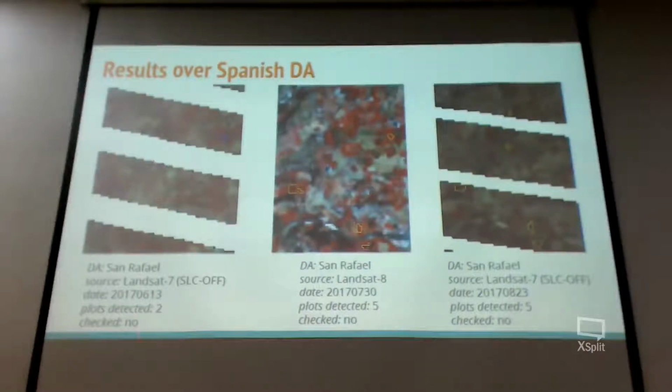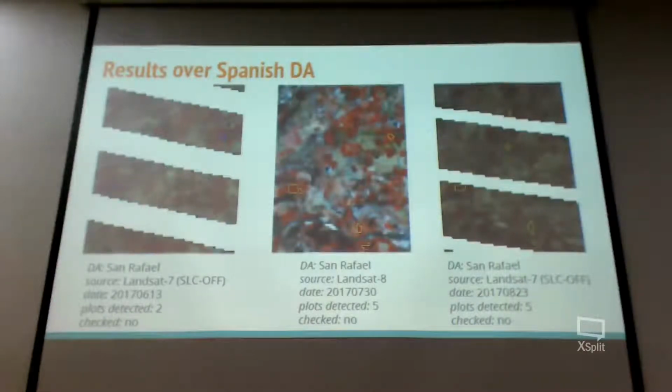And here we have, of course, only Landsat because we need the thermal bands to locate the irrigation over fruit crops. Here we analyzed one Landsat 7 of mid June, then Landsat 8 of the end of July, and at last Landsat 7 again at the end of August.